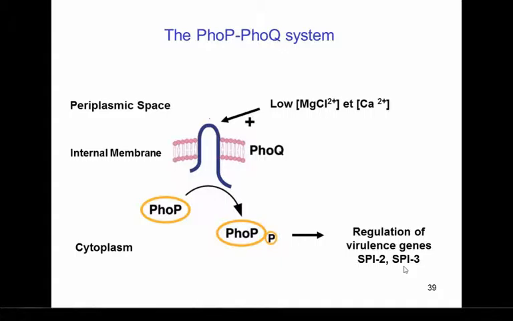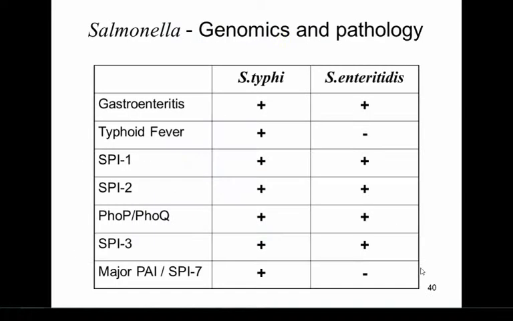So after phagocytosis, PhoP, PhoQ tells the bacterium, you've been phagocytosed. This allows the expression of the virulence factors that allow the bacterium to survive inside the phagocyte. So all of that is pretty nasty.